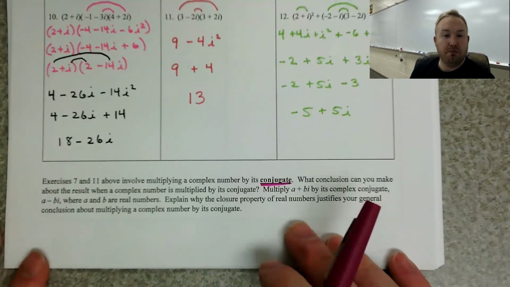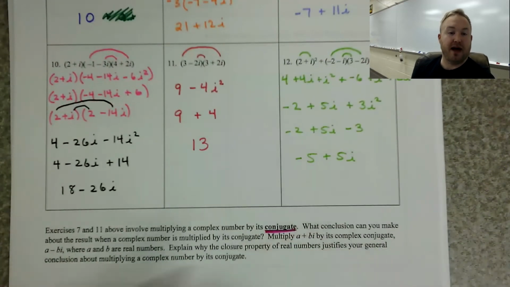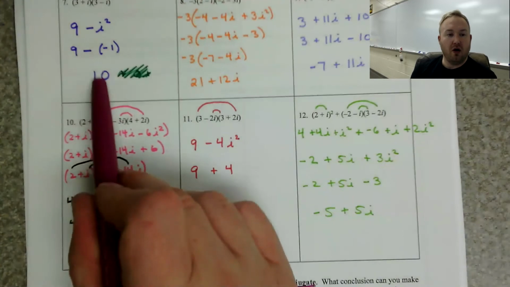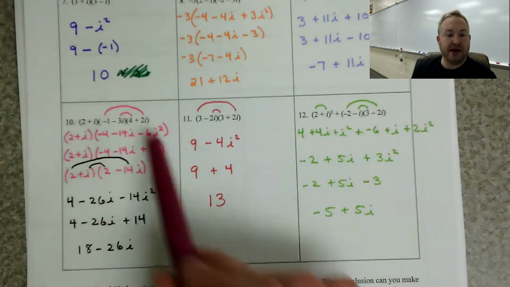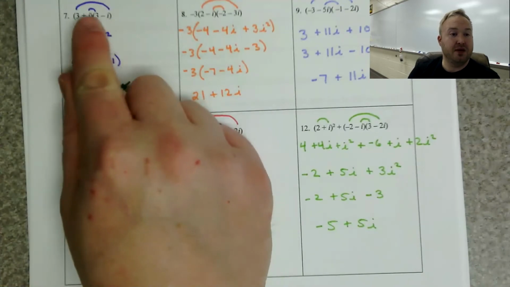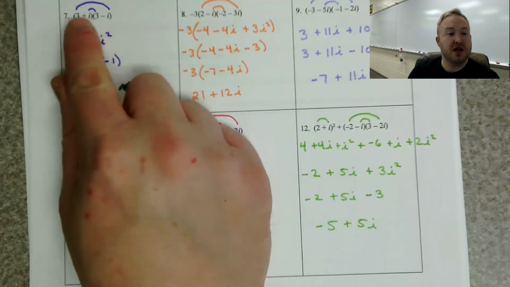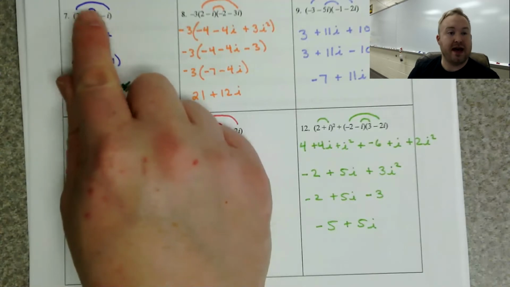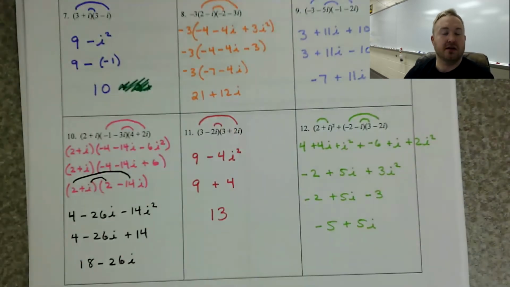And anytime you multiply a complex number by its conjugate, you'll always end up with a real number as your answer. So in number 7, these two numbers make up a difference of squares. So these two numbers, 3 plus i and 3 minus i, are considered complex conjugates.